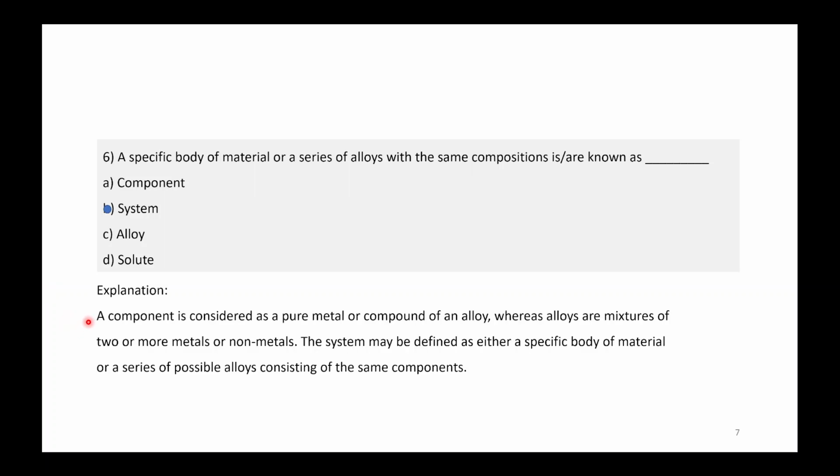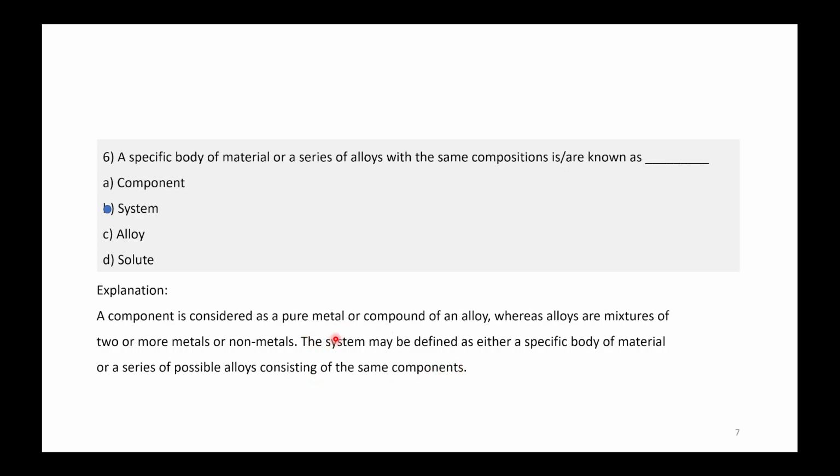In case of a component, this is considered as a pure metal or a compound of an alloy, whereas an alloy is a mixture of two or more metals or non-metals having metallic properties. And the system may be defined as either a specific body of material or a series of possible alloys consisting of the same components.